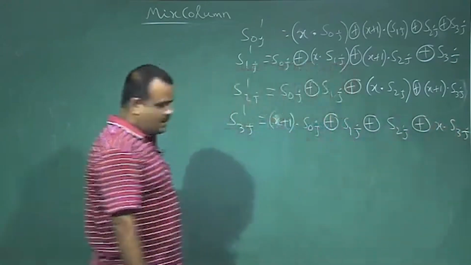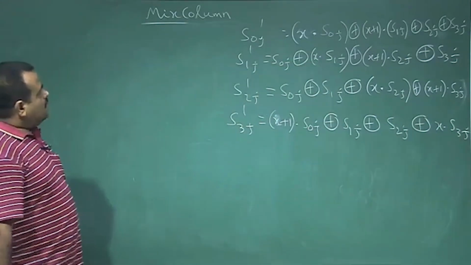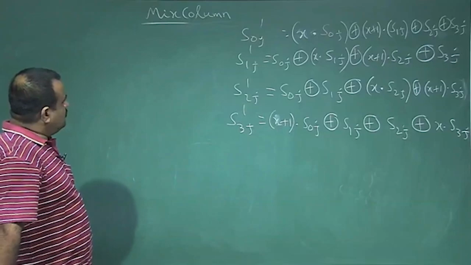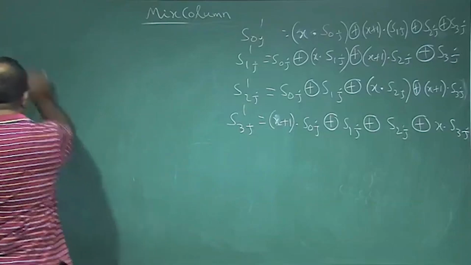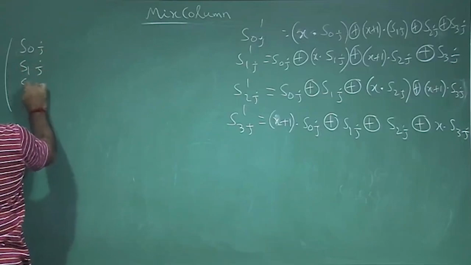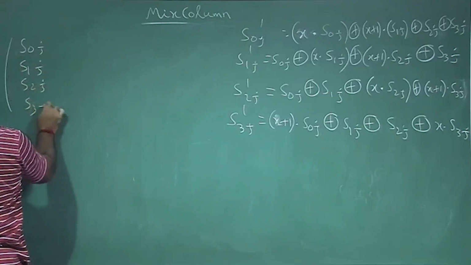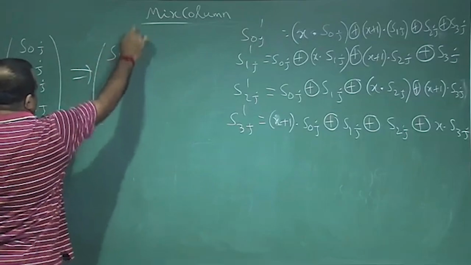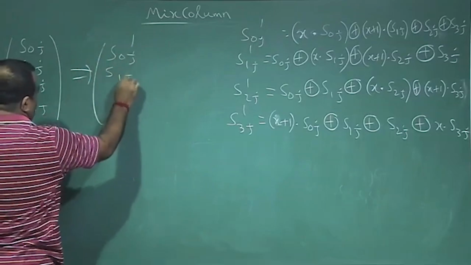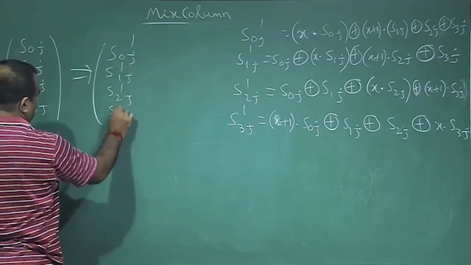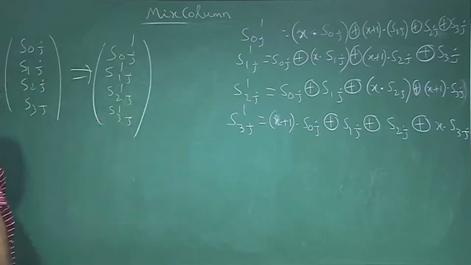So, this is the formula for how we get the mix column operation. We have S0j, S1j, S2j, S3j, transformed to S0j prime, S1j prime, S2j prime, S3j prime, and this is the operation we are doing.